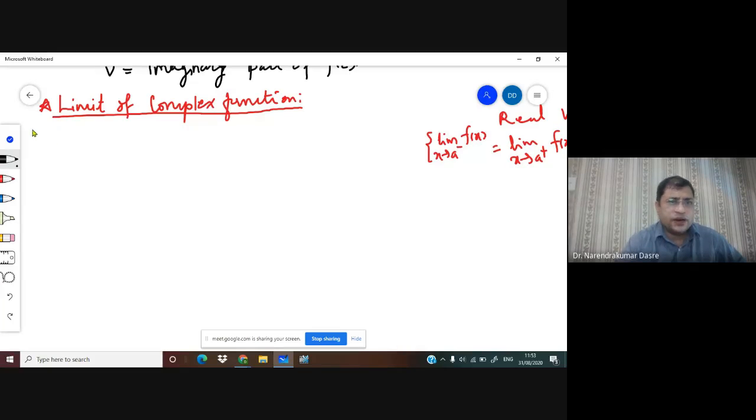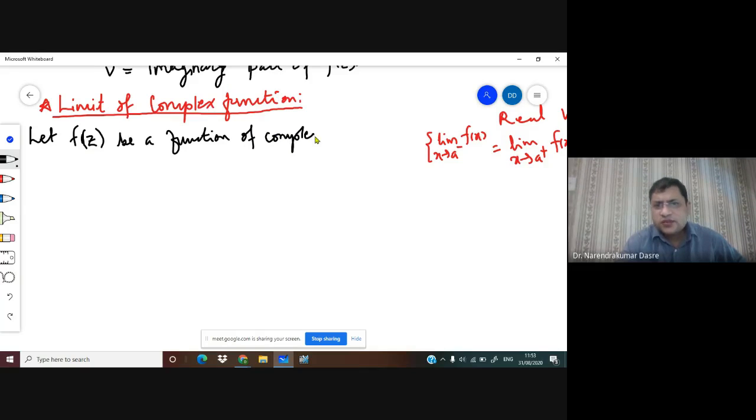Let f of z be a function of a complex variable z. We have to be careful that we are in the complex domain, so our variable will be a complex variable.